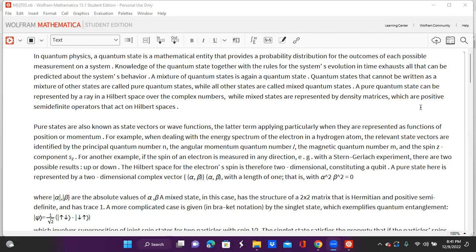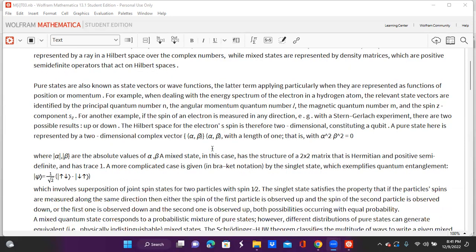A pure quantum state can be represented by a ray in a Hilbert space over the complex numbers. I will go over what a Hilbert space is later. While mixed states are represented by density matrices, which are positive semi-definite operators that act on Hilbert spaces.